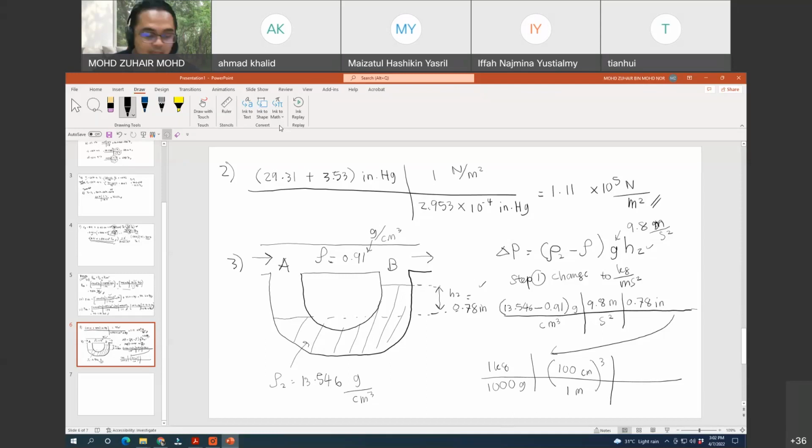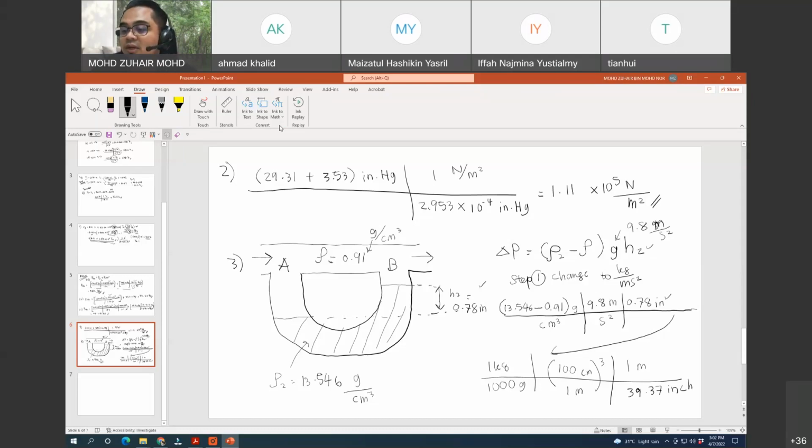And then we also want to change the inch here to become meter. 1 meter is 39.37 inch.